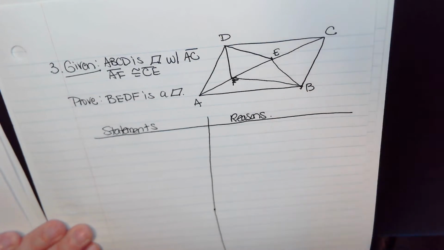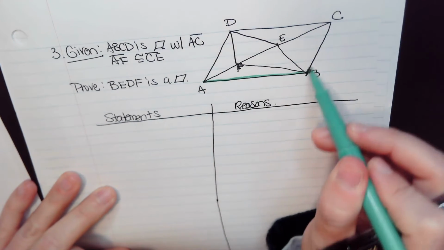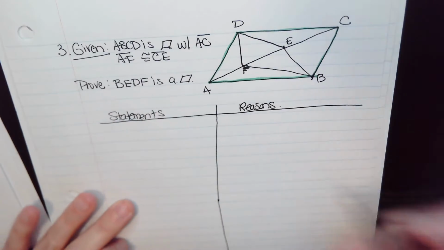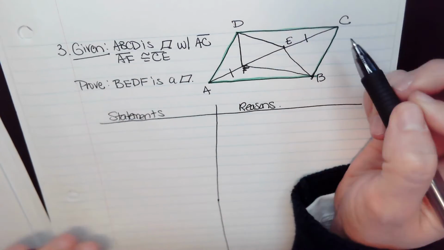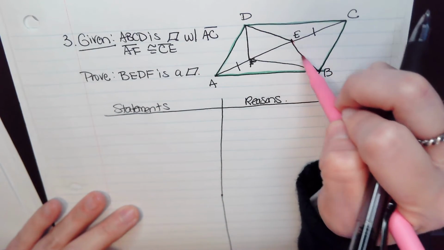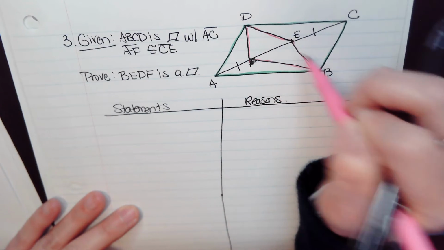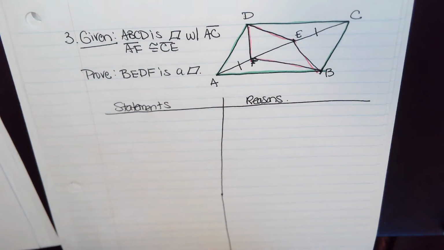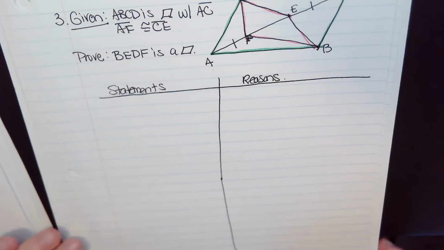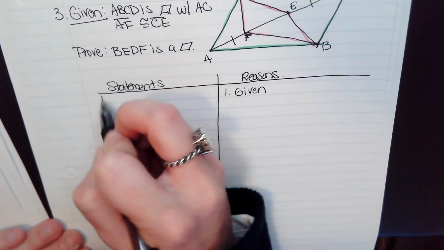All right, so you know ABCD is a parallelogram, so if it helps, you could trace that in a color. You've got segment AF is congruent to segment CE, and we're trying to get BEDF, which my drawing is quite awful, to be a parallelogram there. All right, start with your givens.